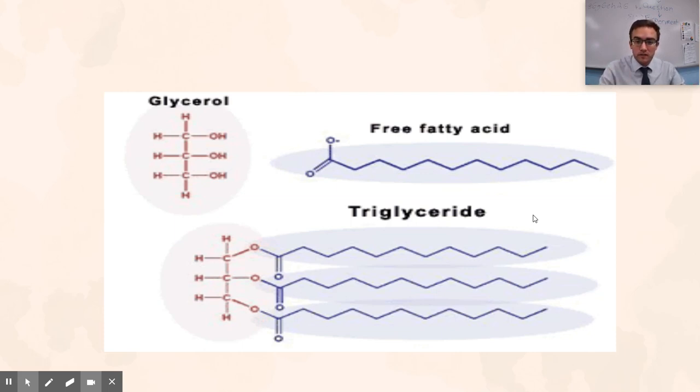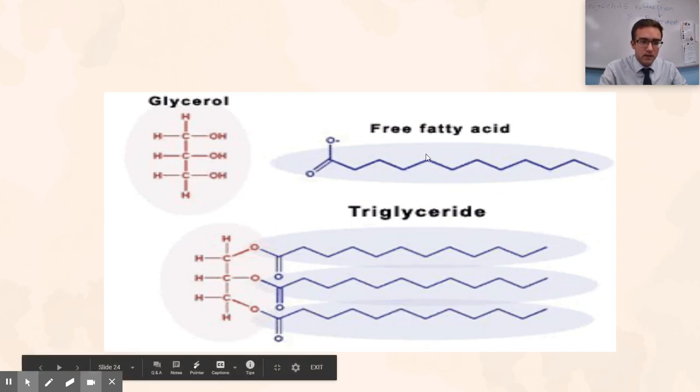Your body will convert fatty acids into what's called a triglyceride. If you break down the name, tri means three, and glyceride. The name implies we have a glycerol, which is this part here, and tri means three.